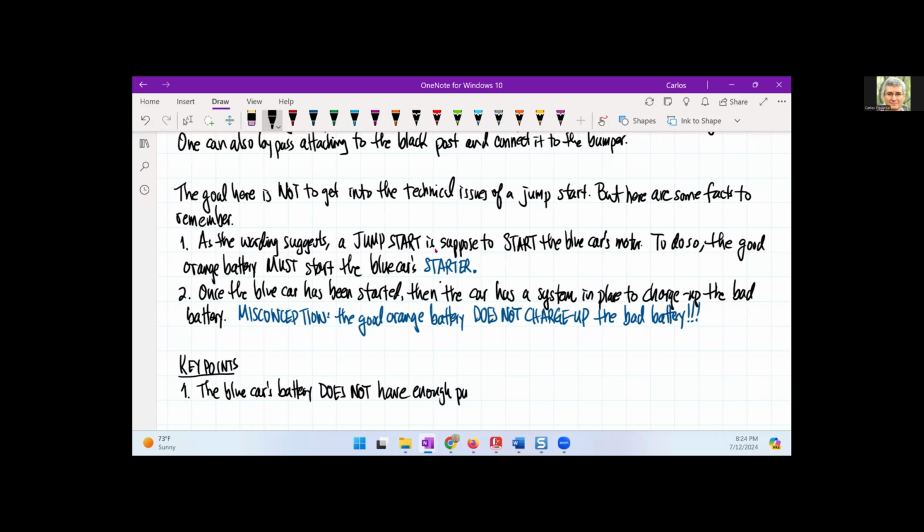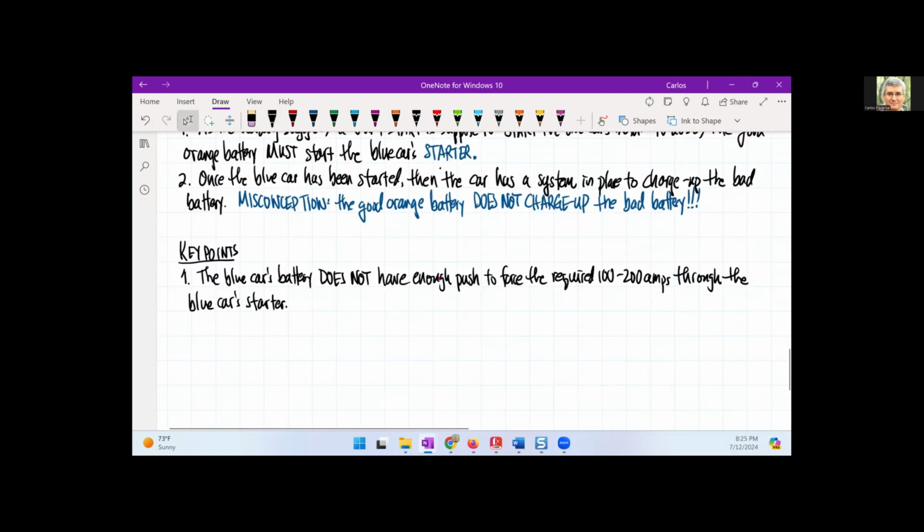It doesn't have enough push to force the required 100 to 200 amps through the blue car's starter. This is what turns on the car.